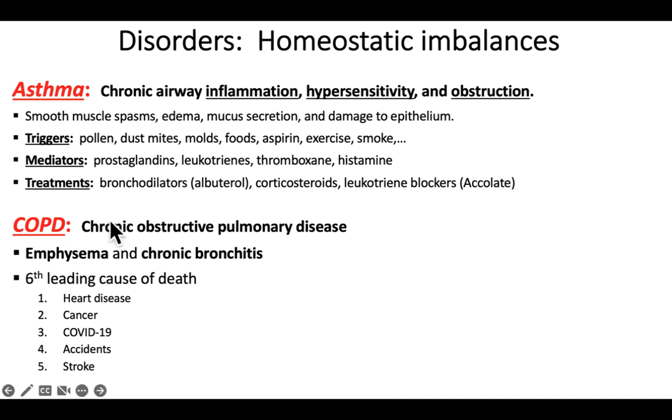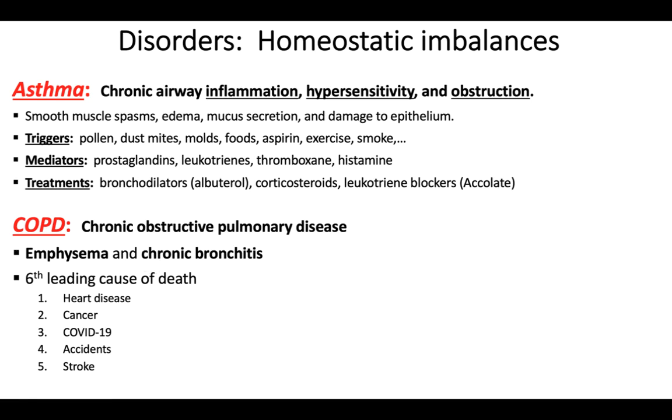And then you have your COPDs, which some people put asthma in there because it has very similar characteristics and features. But COPDs are chronic obstructive pulmonary diseases, and those include emphysema and chronic bronchitis. Together, those are the 6th leading cause of death. So pretty significant. Now, most of these are caused by chronic smoking. So we could probably move these off that list if we could get people to not smoke.